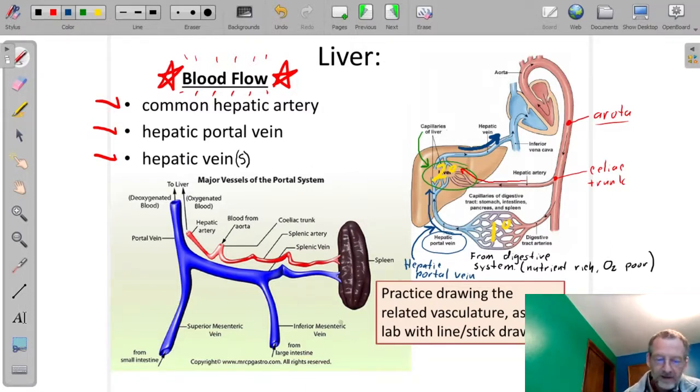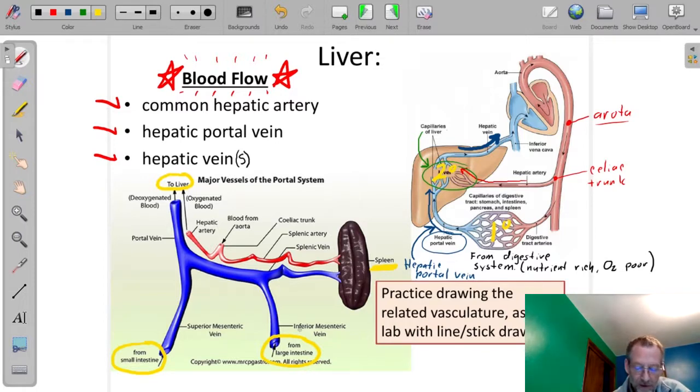The players over here are the spleen, which is this brown football looking affair, and then the liver, and then the intestines. Here is the small intestine, coming from the small intestine, and here is coming from the large intestine.